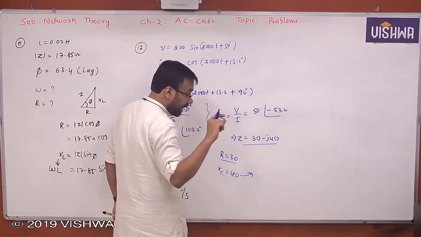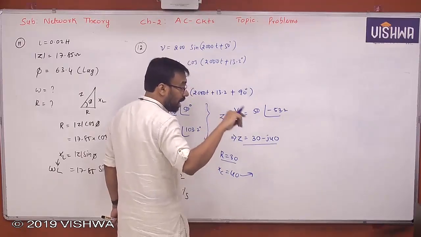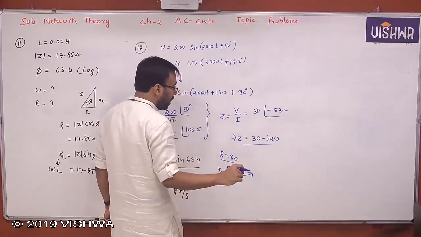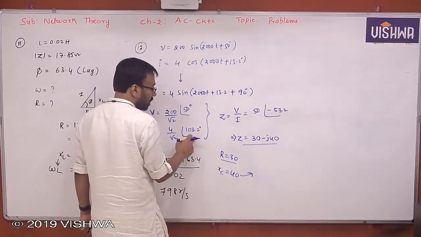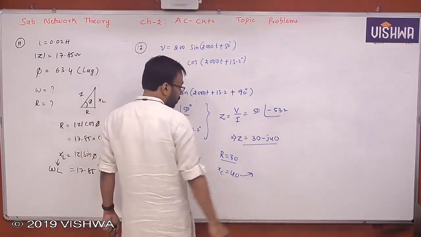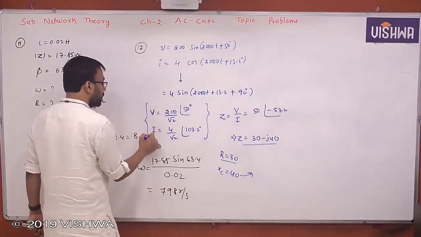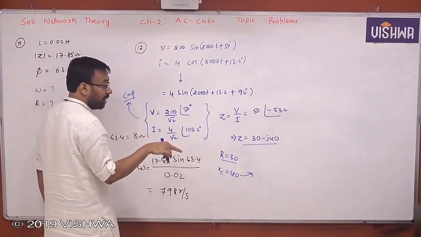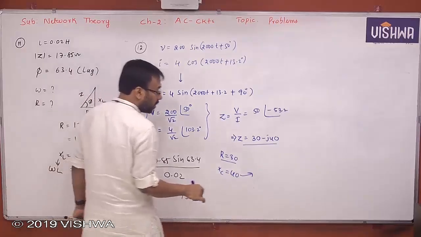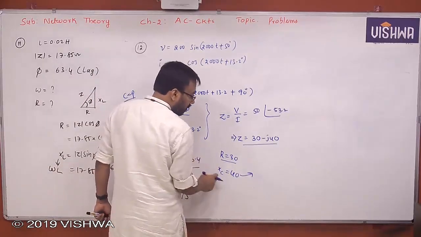But he's asking the elements comprising the circuit. Elements means R and C values we require. Okay. So it is very clear it is a capacitive circuit because current leads the voltage by 53.2 degrees. That means two elements are there only in the circuit. RC elements are supposed to be found. R value is known. C value let us find.